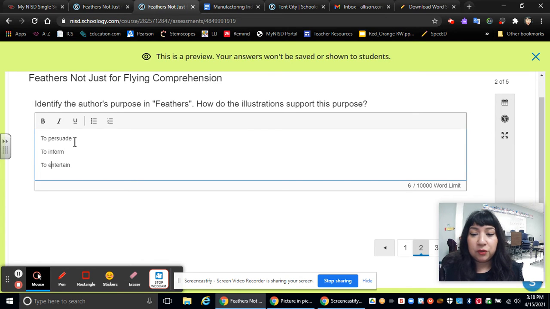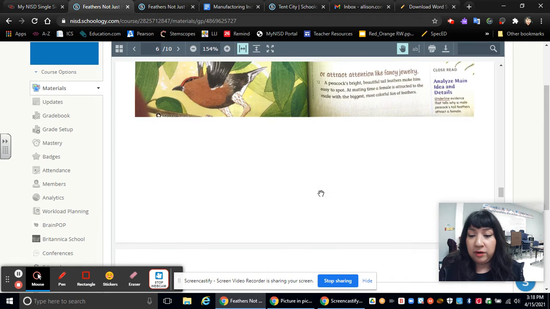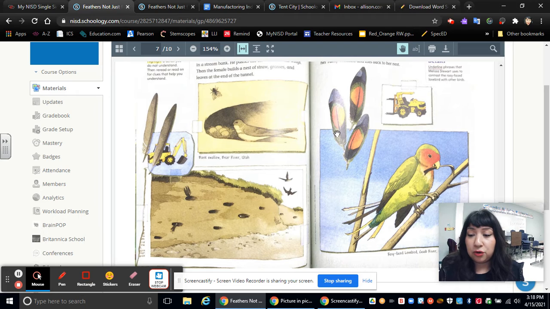So you're going to choose which one, and then it says, how do the illustrations support this purpose? Which is kind of like I just said. All these illustrations, even though they are drawings and illustrations, they are drawn to look real and realistic. We know what these feathers really look like in real life because they are drawn so accurately.